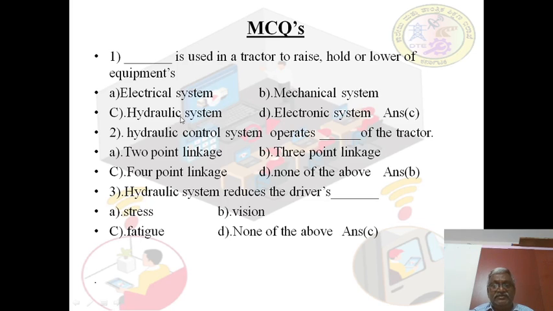So the answer is hydraulic system. The second one: the hydraulic control system operates: 2-point linkage, 4-point linkage, 3-point linkage, or none of the above? 3-point linkage. Next question: the hydraulic system reduces the driver's fatigue.